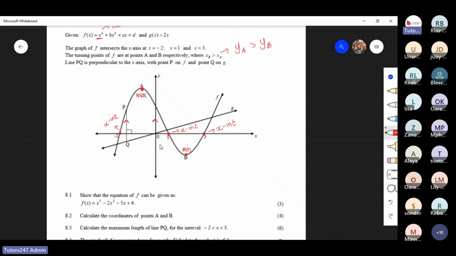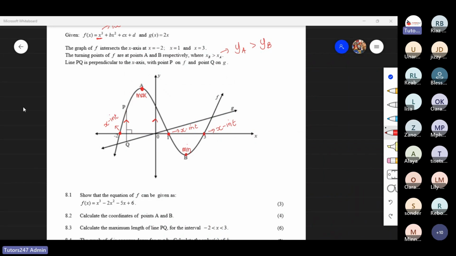Because the y-axis is perpendicular to the x-axis and PQ is perpendicular to the x-axis. So it means that PQ is parallel to the y-axis. Another reason is, as you can see, these are corresponding angles. Why? Because there's an F shape. Okay. So it means that PQ is perfectly vertical.